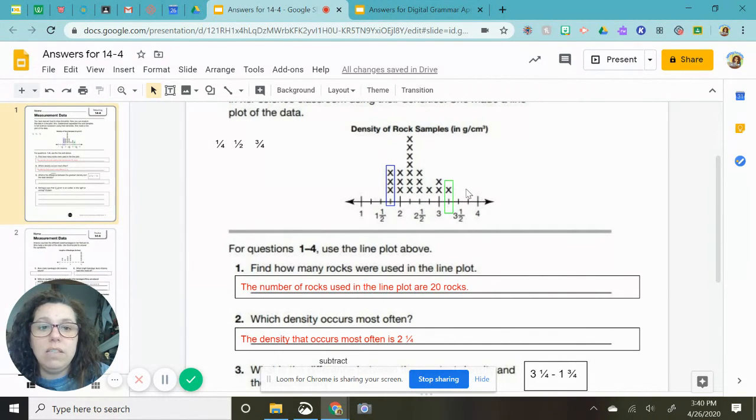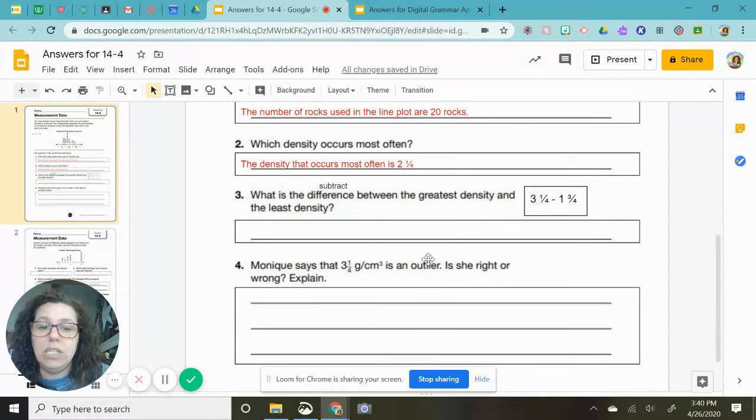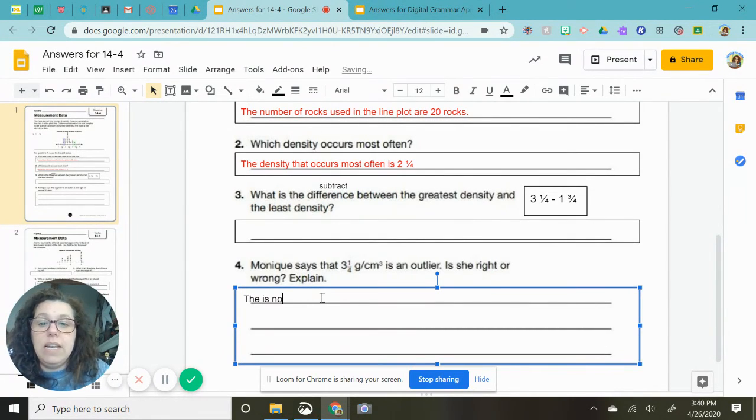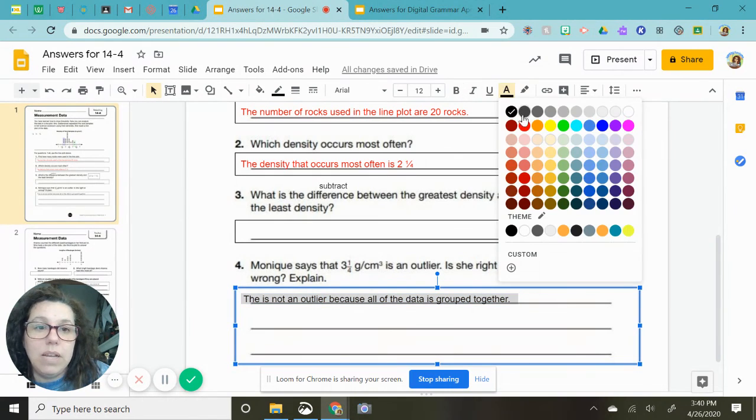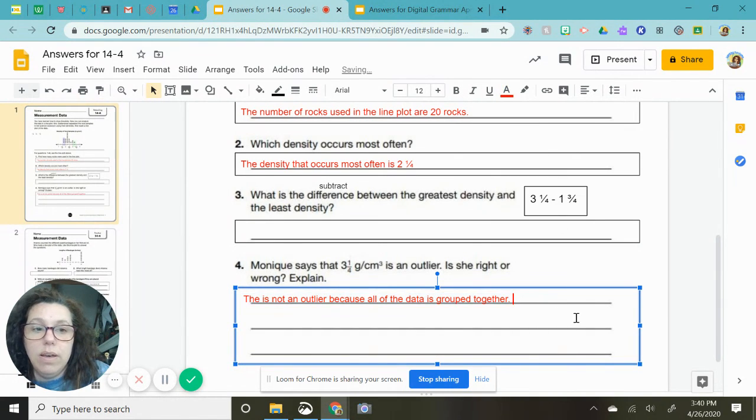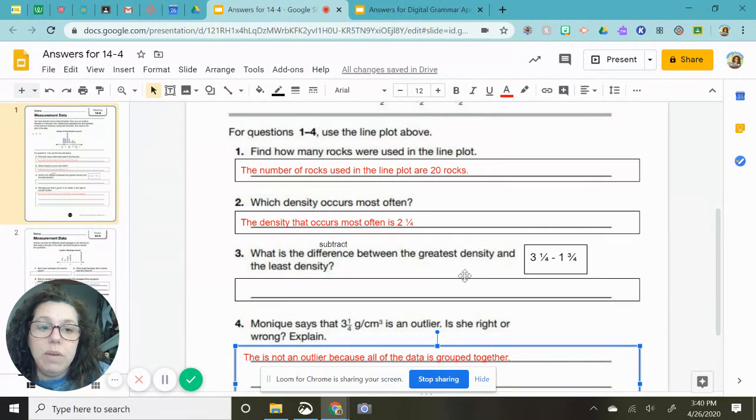Since all of these X's are grouped together, there is no outlier, because all of the data is grouped together. You can explain it a lot of different ways. That's just one. So in a minute, I will get my document camera out and I will do this problem for you.